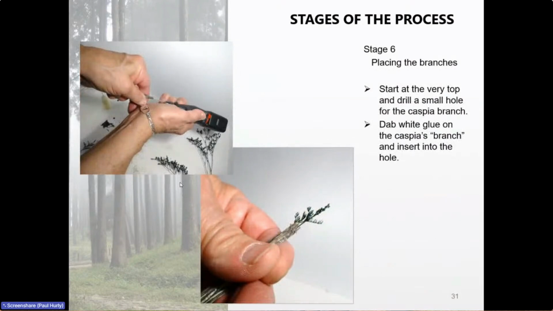We then start at the top, and depending on your species, many of the coniferous trees that we have in Ontario and British Columbia certainly will always have a branch coming right out the very top. So a hole in the top, and then we'll start a drill structure down the trunk diameter. And again, the placement will be very much determined by the species, and that's where the silhouettes I find are very helpful.